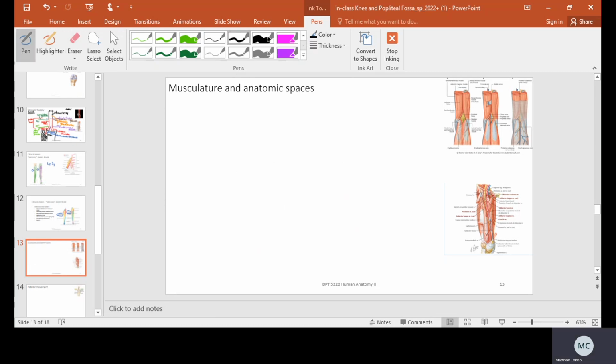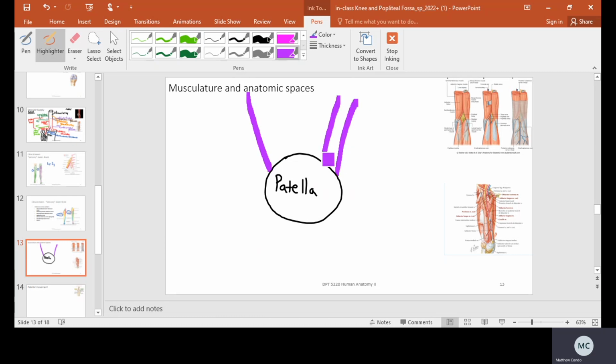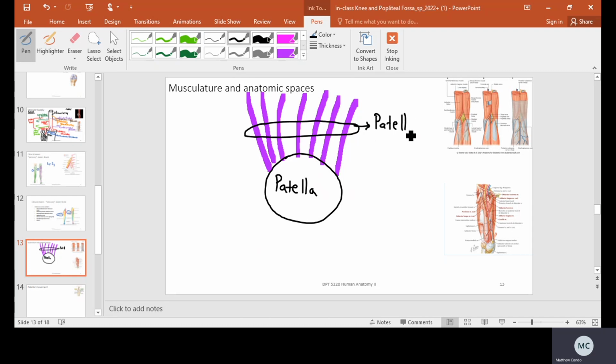All right. So here's my patella. This whole group of purple lines here is the patellar tendon.